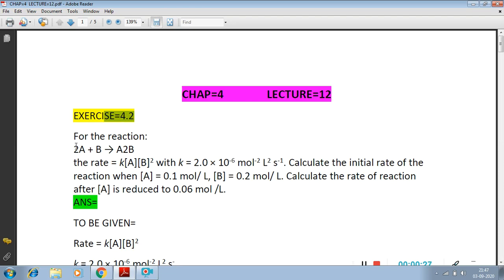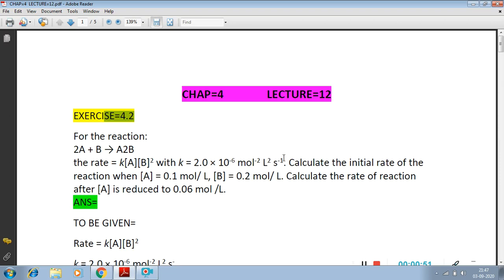For the reaction 2A plus B gives A2B, the rate is equal to K into concentration of A into concentration of B raised to 2, with K equal to 2 into 10 raised to minus 6 mole raised to minus 2 liter raised to 2 second inverse.